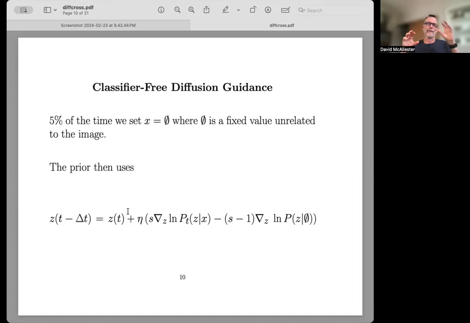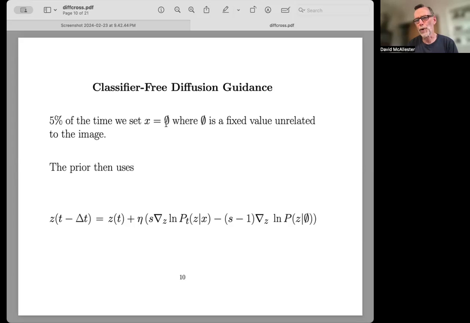So we might have images for dog, what's the image given that it's a dog? What's the image given that it's a cat? What's the image given that it's a flower? We're going to have a conditional model, but we're also going to have an unconditional model. 5% of the time, we don't give it a class label. We have this null label, which is saying we don't know anything about the class.